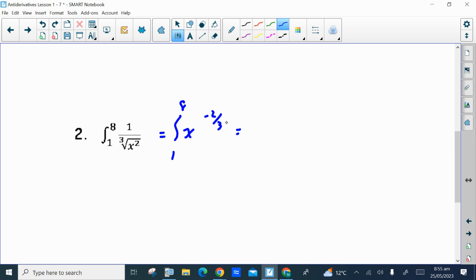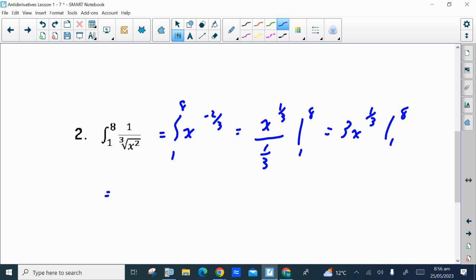By adding 1, you're adding 3/3, which gives 1/3. So it'll be x to the 1/3, and we also divide by that value. Dividing by 1/3 is the same as multiplying by 3. So this is equal to 3x to the 1/3 evaluated from 1 to 8.